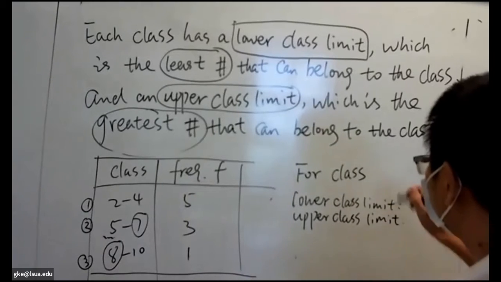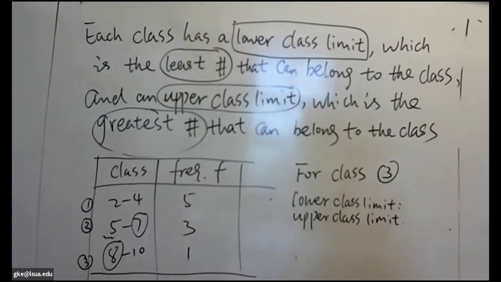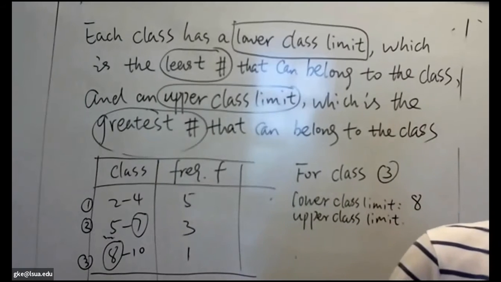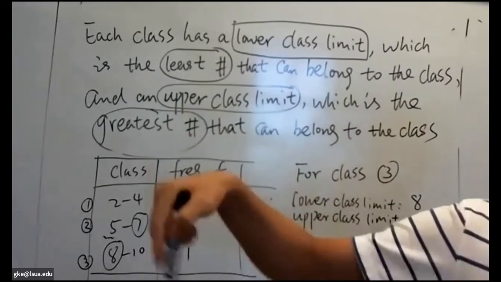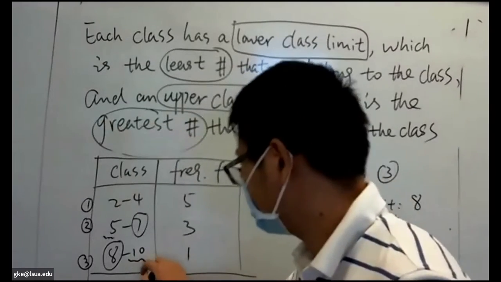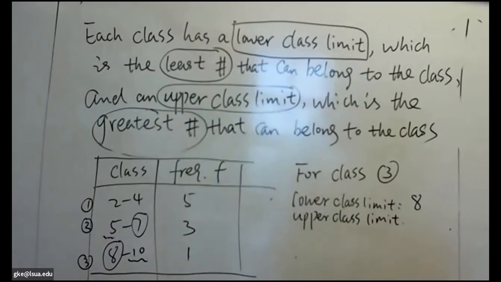Lower class limit is 8. The upper class limit is going to be the greatest number, the highest number, 10, right? That's it. Very simple and very straightforward.